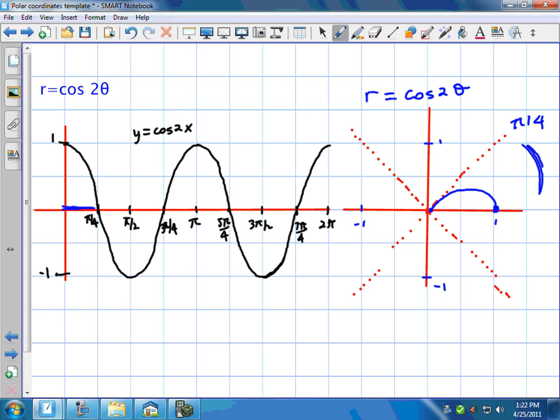Okay, what is going to happen from pi over 4 to pi over 2? So that's this quadrant over here, right? It should be going from 0 to negative 1. But remember, negative means go in the complete opposite quadrant, which is over here. So we're going to come over here, and we're going to go from 0 to 1.